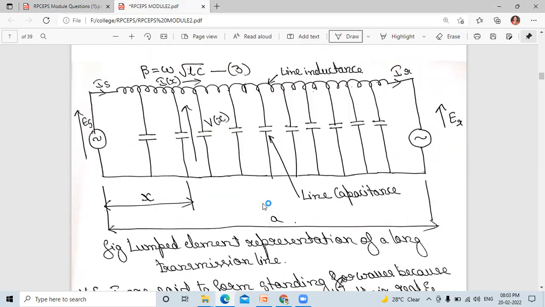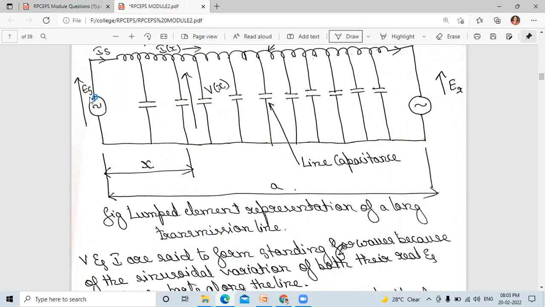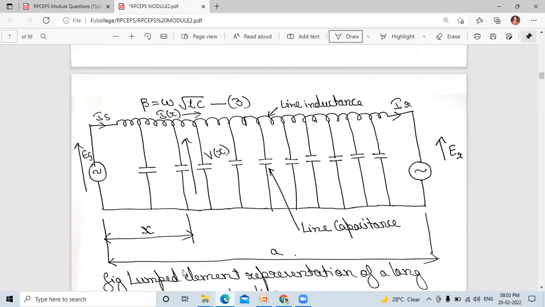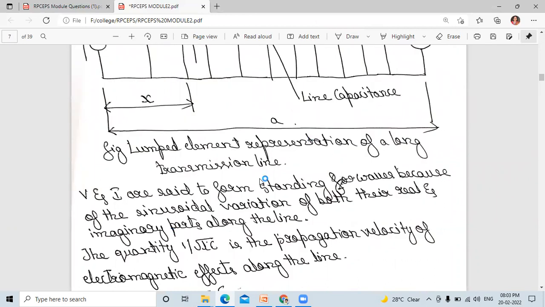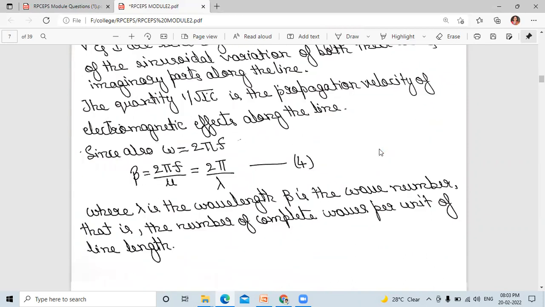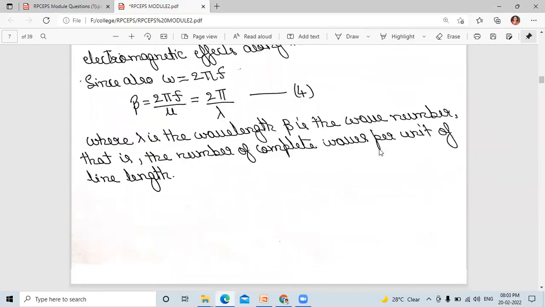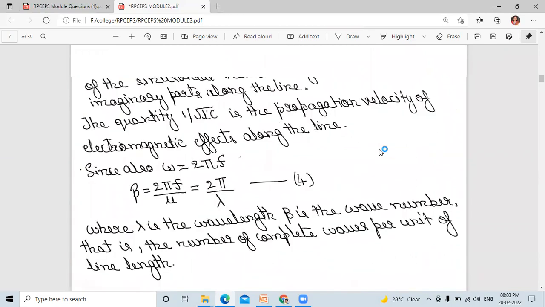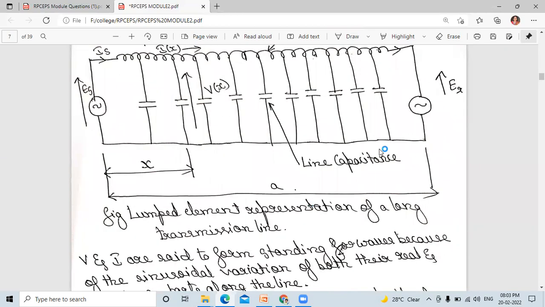You will come to know how we got that Es, V of x, and I of x, and we can indicate the line capacitance and line inductance. This is a long transmission line, just to show the lumped element representation. That's it. You mention those equations and sentences also, because they will not ask for 10 marks here, they may ask for 5 marks.